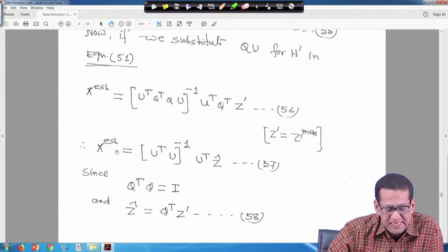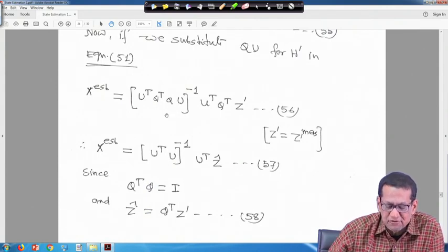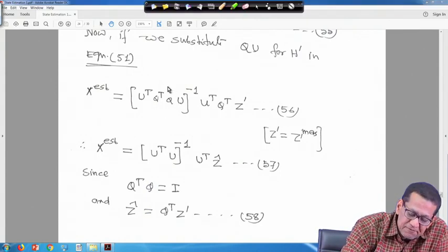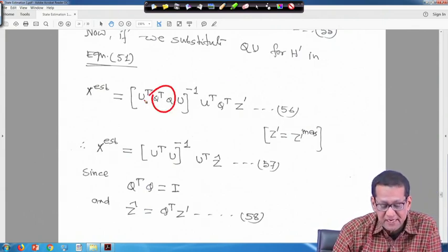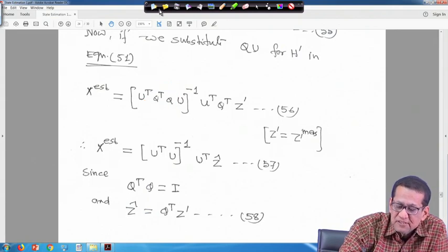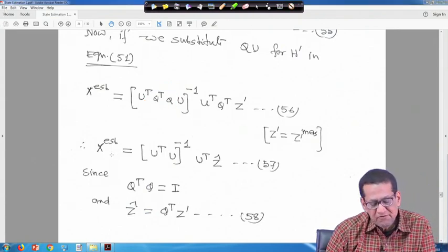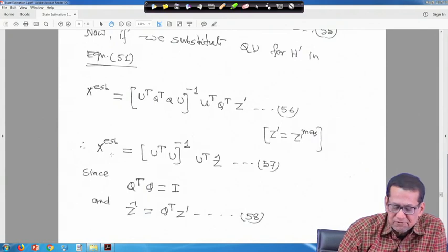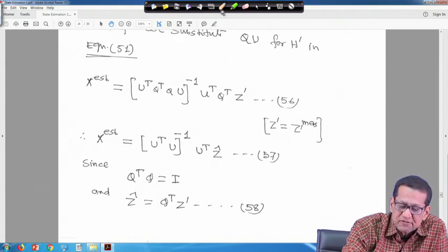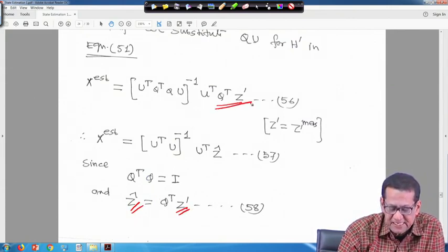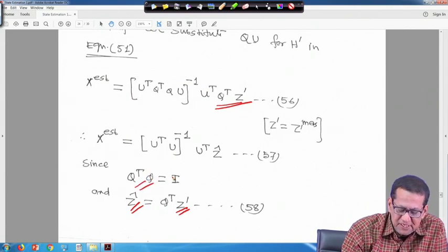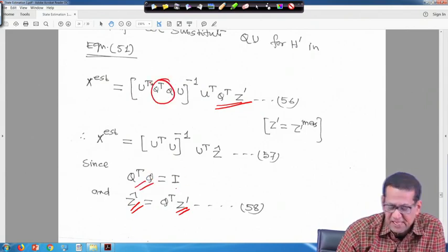Therefore, x estimated will be U transpose U inverse, because Q transpose Q is equal to the identity matrix I. So x estimated is U transpose U inverse into U transpose Z cap, where Z cap is equal to Q transpose Z dash.